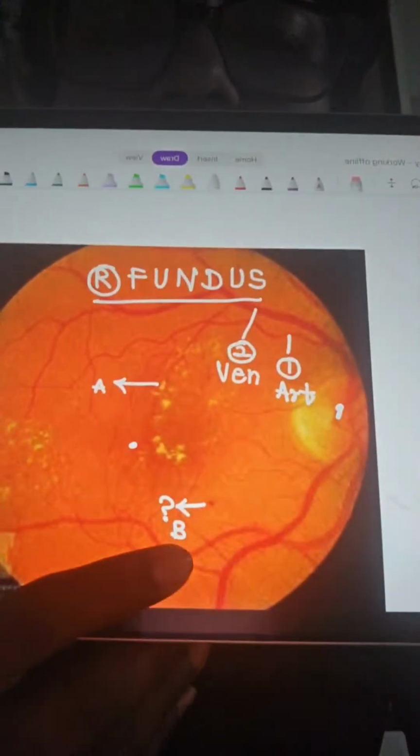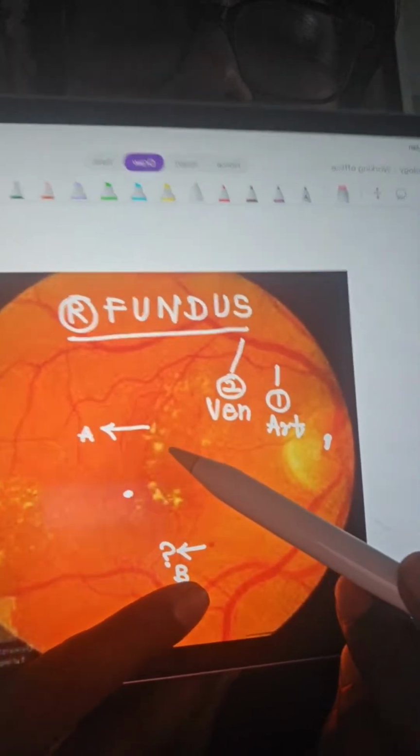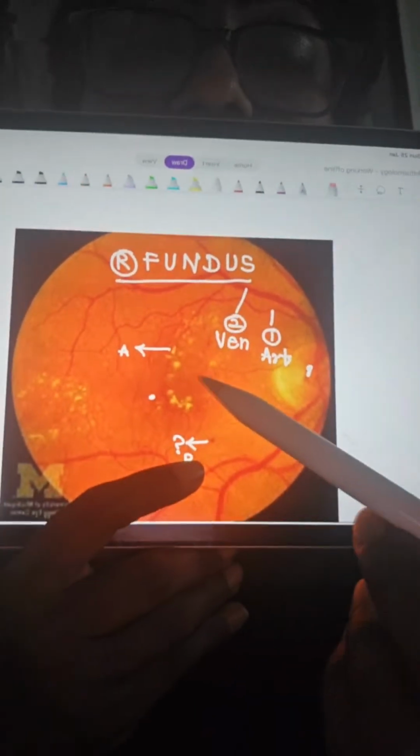So we are talking about this small red dot and these yellow dots. What is this small red dot? What does that show? What are these yellow dots?